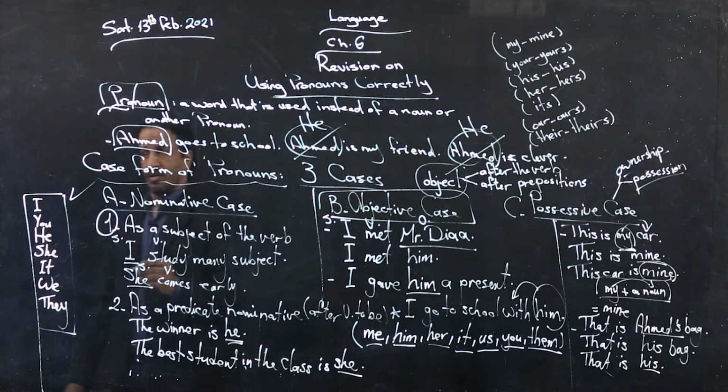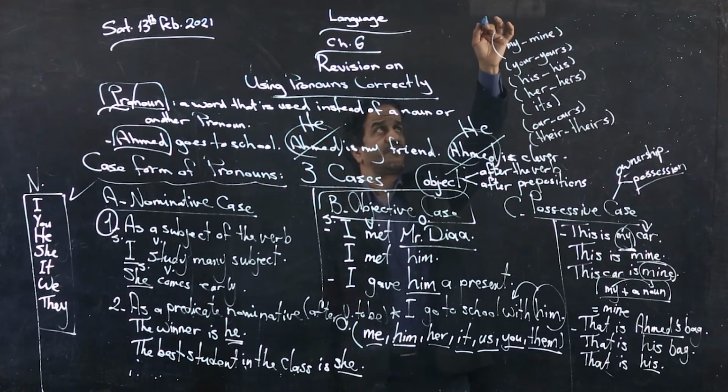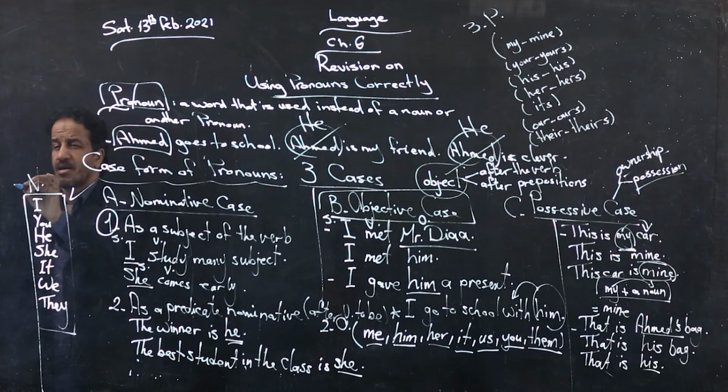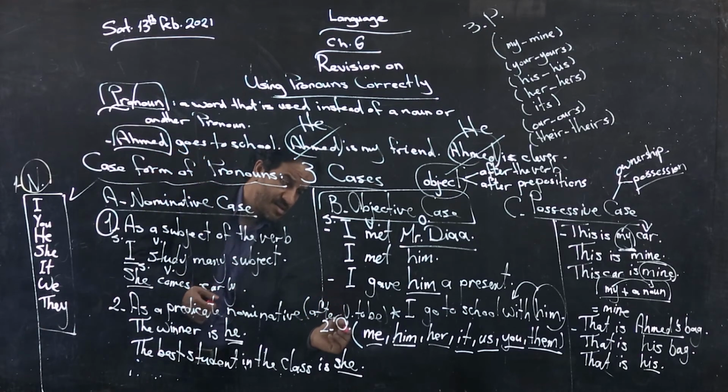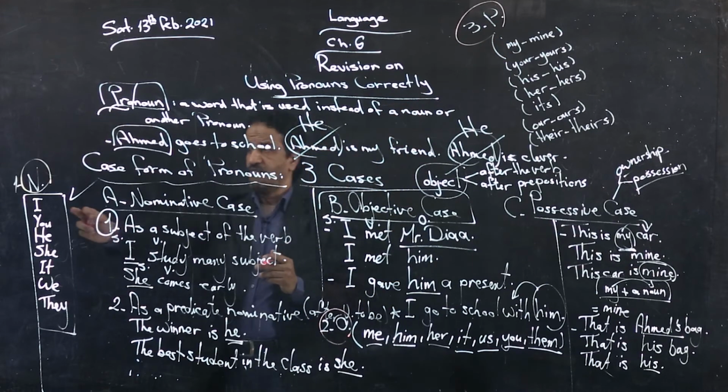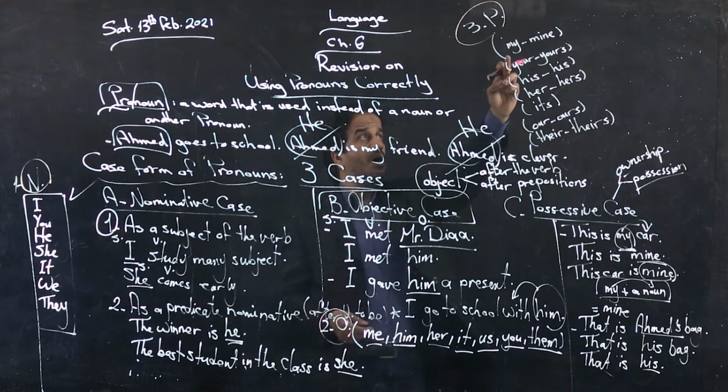So if we come here to the nominative case, and then the objective case, and then the possessive case. Nominative case, objective case, and possessive case. We have I, me, my, mine.